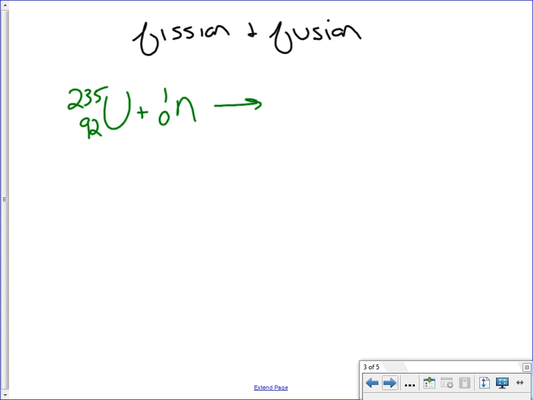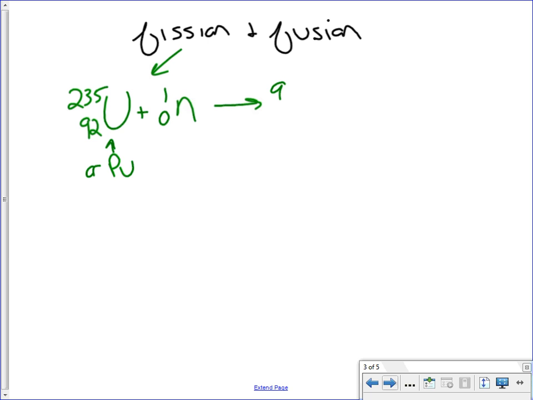This is fission. It's going to be uranium or plutonium, but it's usually uranium. And then it's going to split into 2 lighter particles.